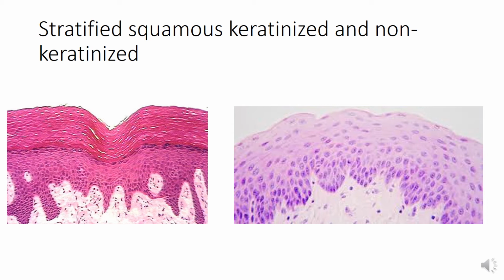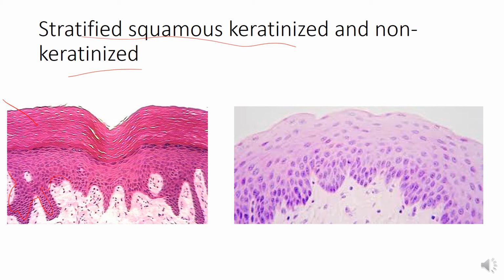So the stratified squamous epithelium, as I have told you, is divided into two parts: stratified squamous keratinized and non-keratinized epithelium. Here you can see the keratinized epithelium and the non-keratinized epithelium. Stratified squamous epithelium consists of a basal cuboidal layer.